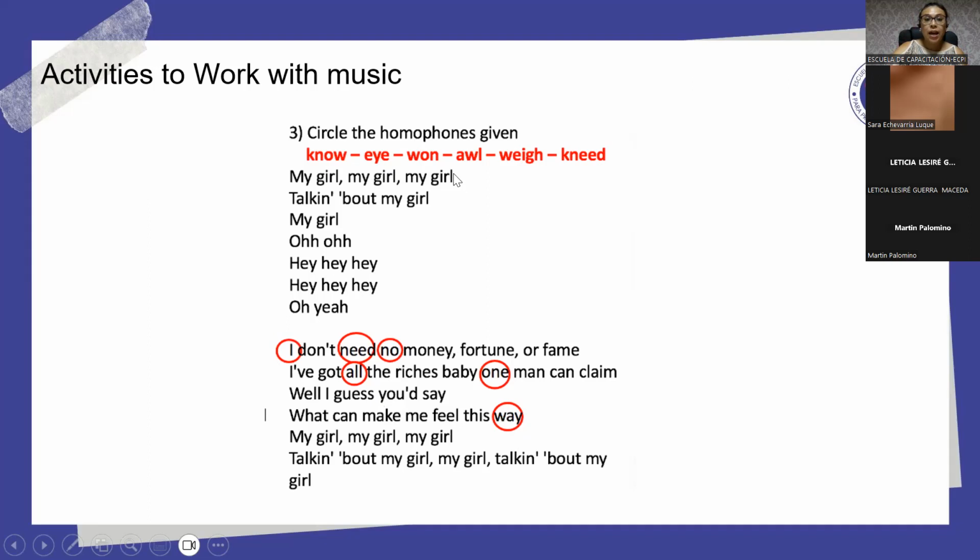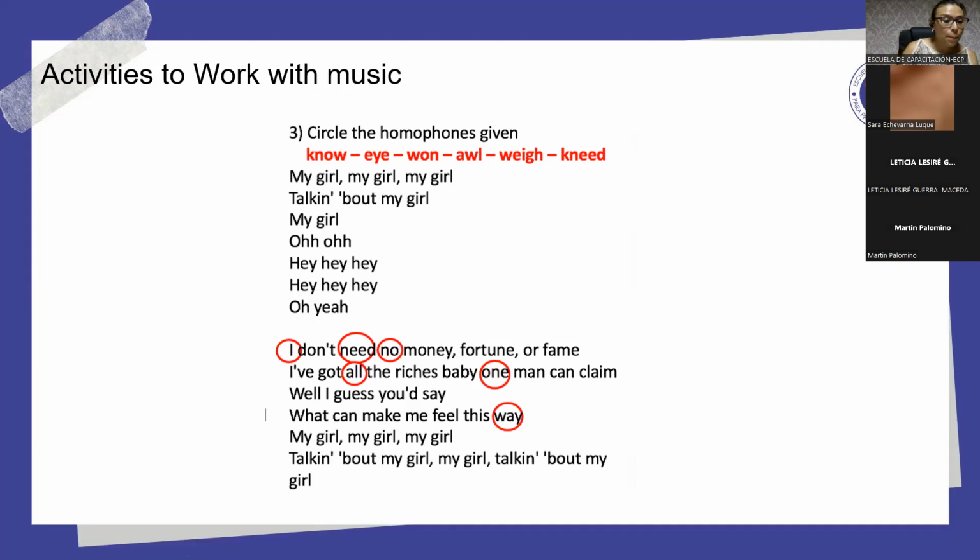And for one. So, are these words in red in the song? No, they aren't. But you are introducing these words to teach homophones, and at the same time, they practice the pronunciation.